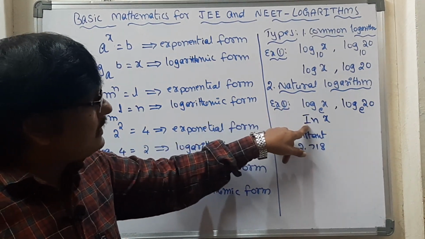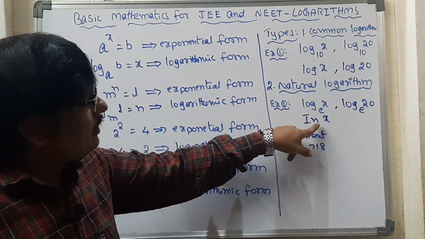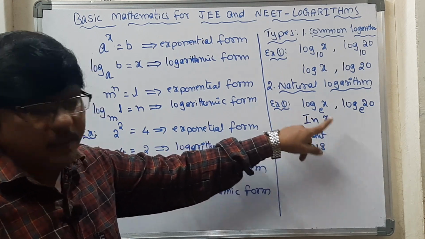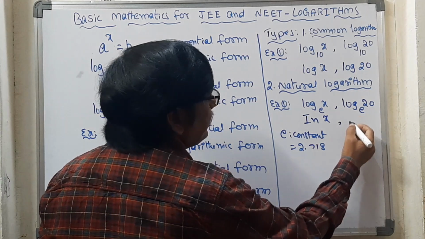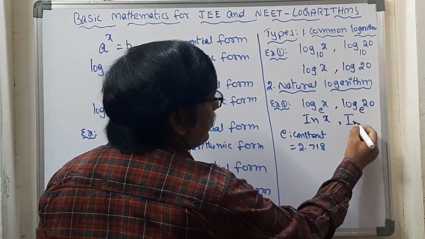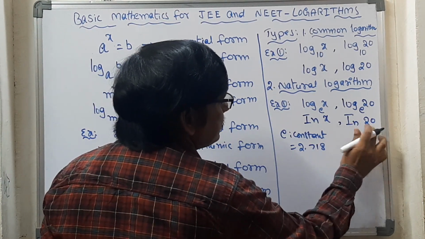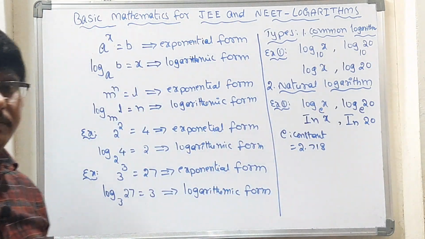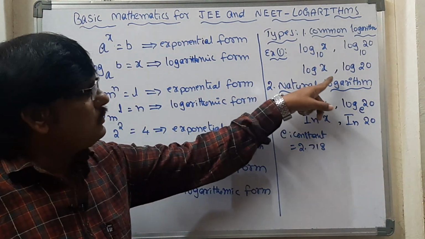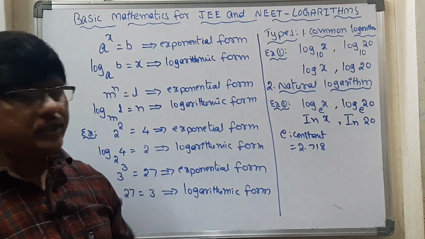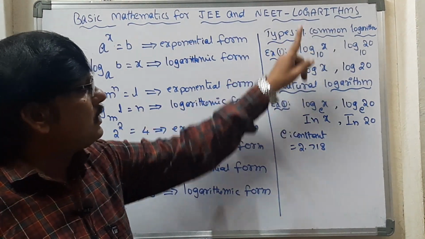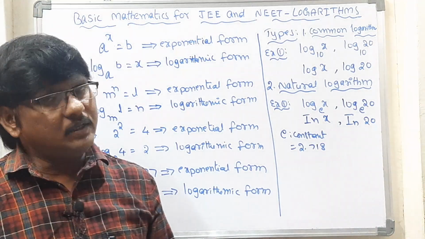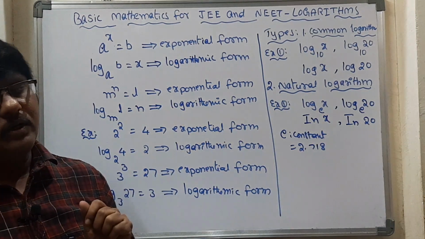Wherever this type of expression is there, we have to think that the base is e. Similarly, ln 20 can be taken for log 20 base e. The main difference between a common logarithm and a natural logarithm is the base. If the base is 10, we call it a common logarithm. If the base is e, then it is a natural logarithm.